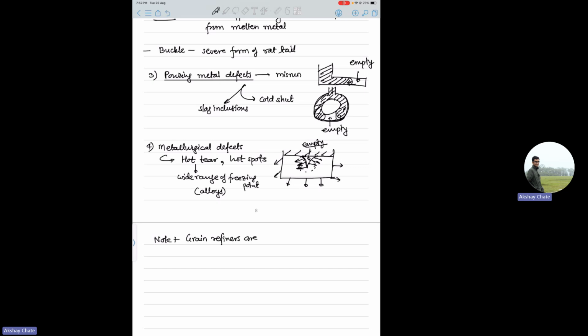Grain refiners are added to non-ferrous alloys to avoid coarse grain structure.